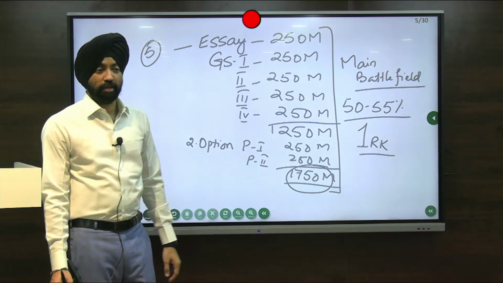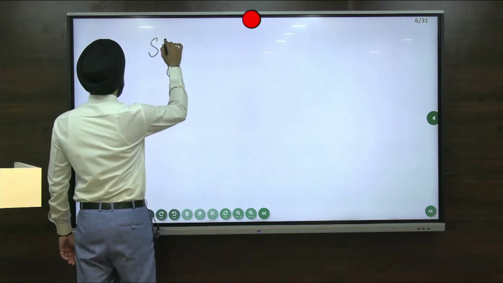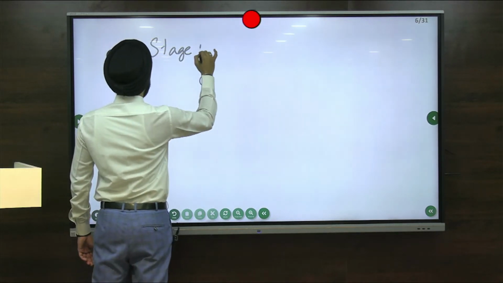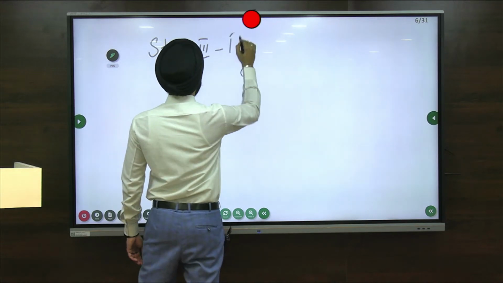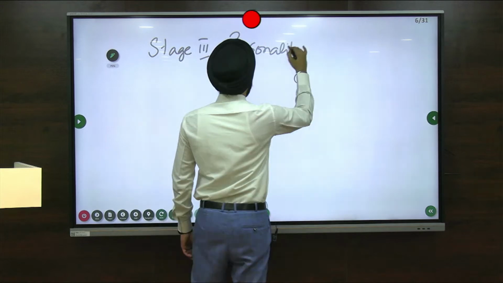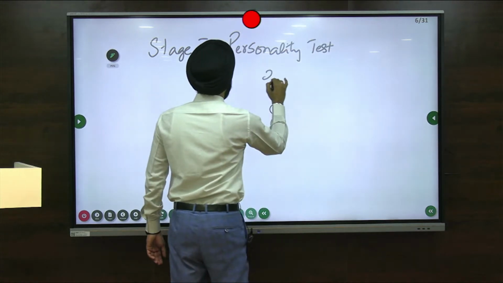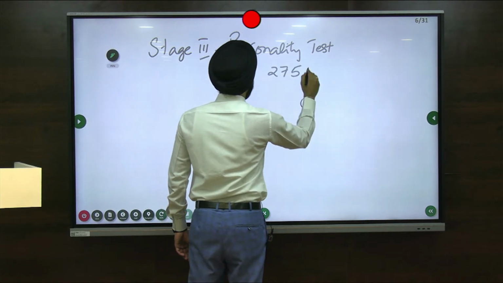The third stage, which is the final stage, is your personality test. Very, very important. The personality test is for 275 marks.